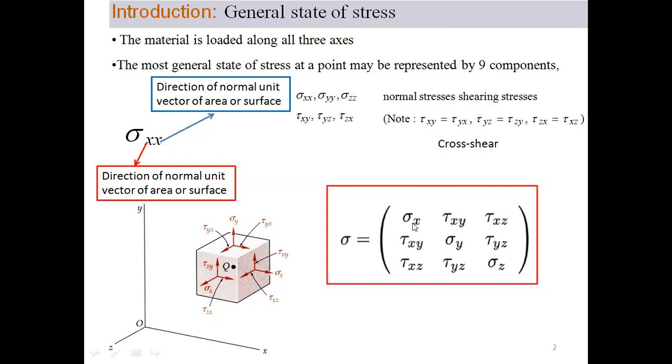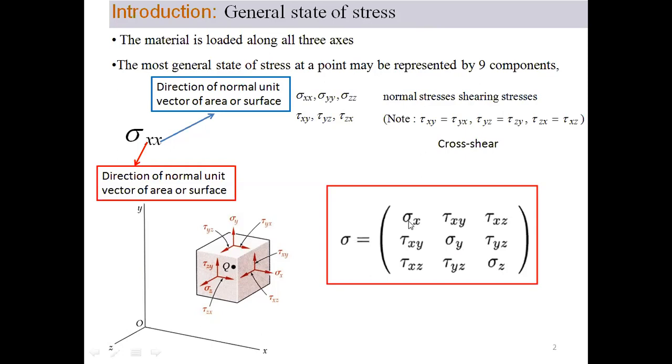If you look here, the components along the diagonal are the normal components, which are sigma xx, sigma yy, sigma zz. Sometimes we skip the second notation because it is already understood that this is sigma xx, sigma yy, or sigma zz.